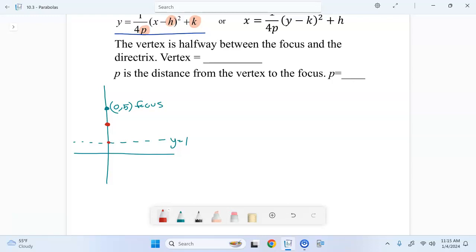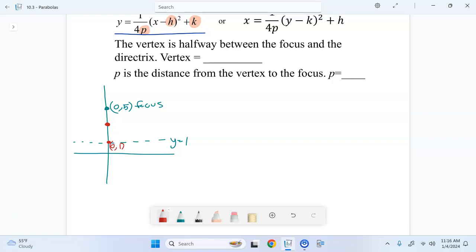We can draw another point on our directrix that's in line with the other two points. If y equals 1 and x equals 0, this is the point 0,1. And we want to find the midpoint.